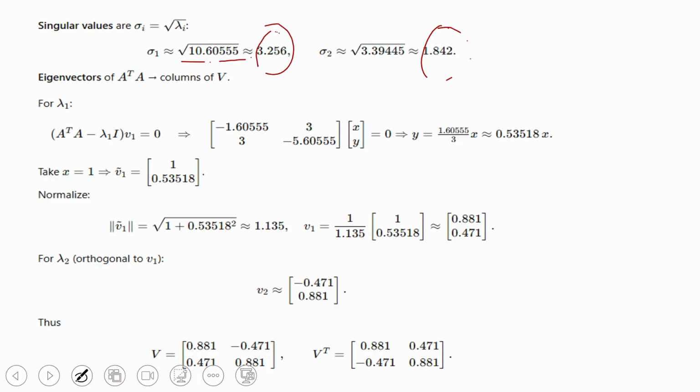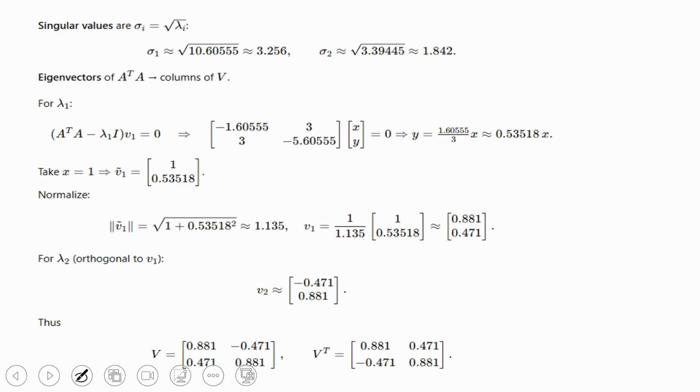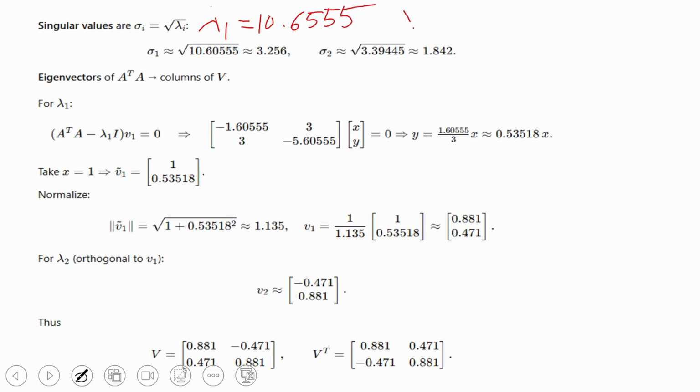So we have two lambdas: lambda 1 equal to 10.6055 and lambda 2 equal to 3.39445.